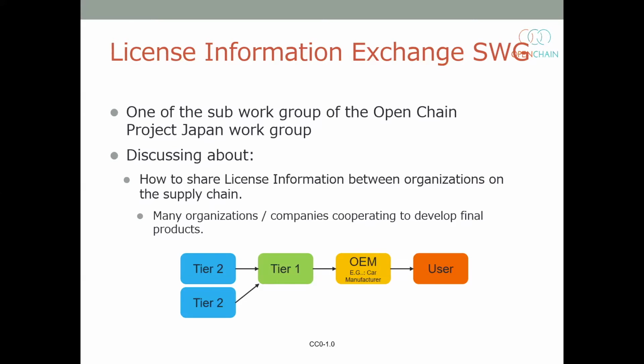a software provider, a software supplier, and downstream software integrator, and finally, for example, a car manufacturer, integrating such embedded product into the final product, and distributing those products to the market, and the end user will use such embedded software product.